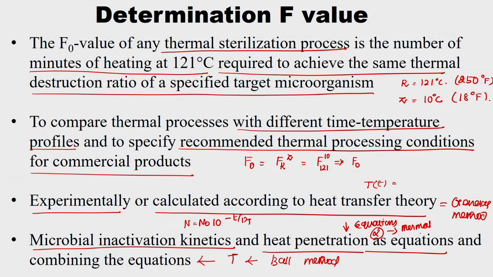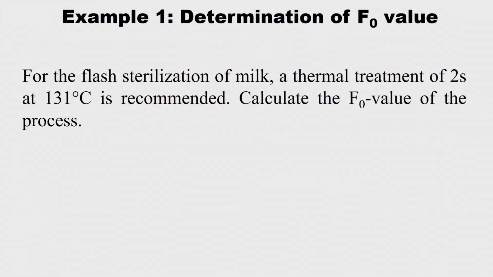So, combine these two equations, the heat transfer equation with the microbial inactivation kinetics, to calculate this F value. That is nothing but the Ball method. In subsequent classes we will see it. But here we are going to calculate the F naught value. So, by example, how do I calculate the F naught value for sterilization of milk, right.